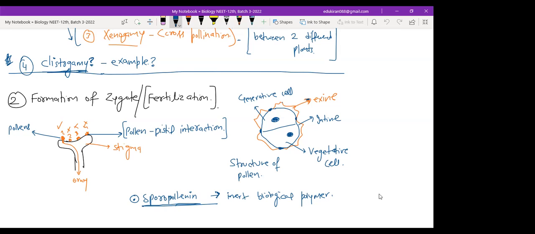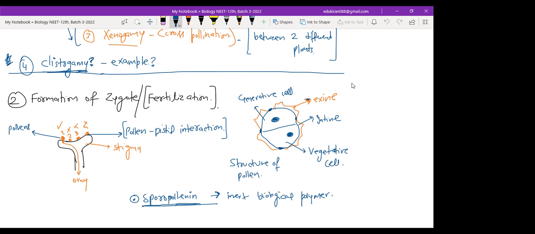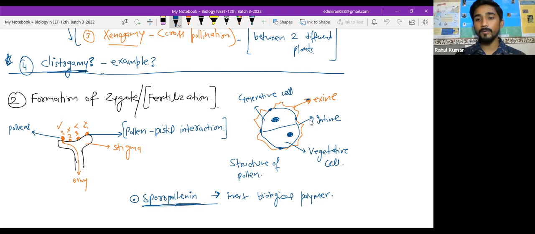Okay. So is it because of sporopollenin that the pollens can be fossilized? Yes, right. Now, when a pollen is fossilized, most of the time during fossilization the generative cell and the vegetative cell die.